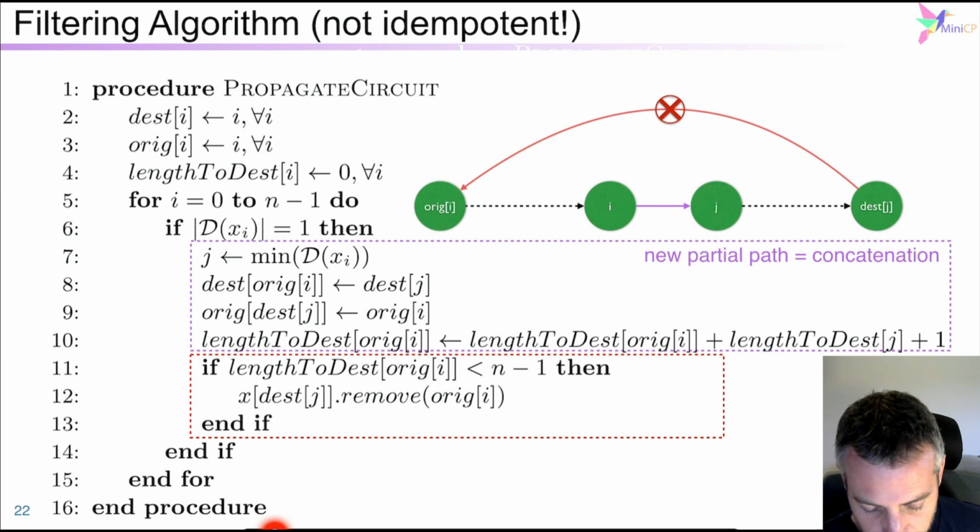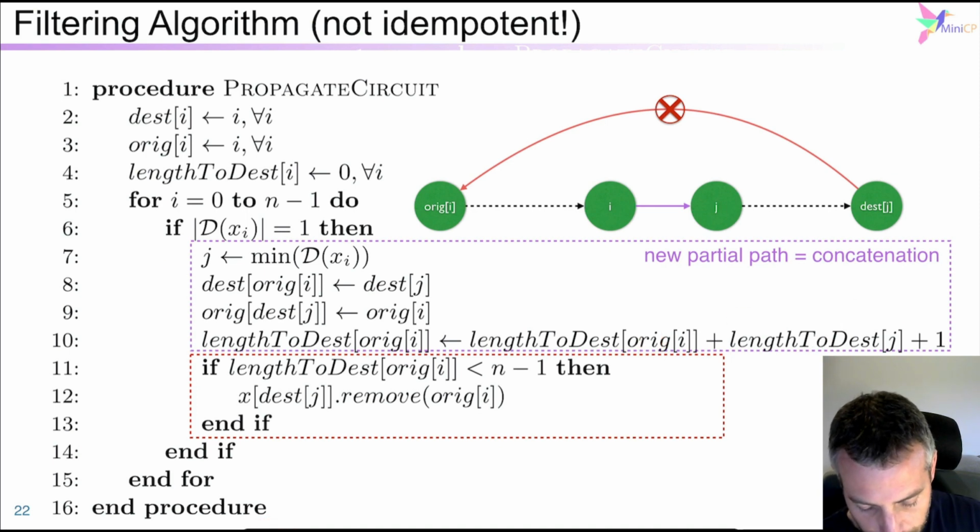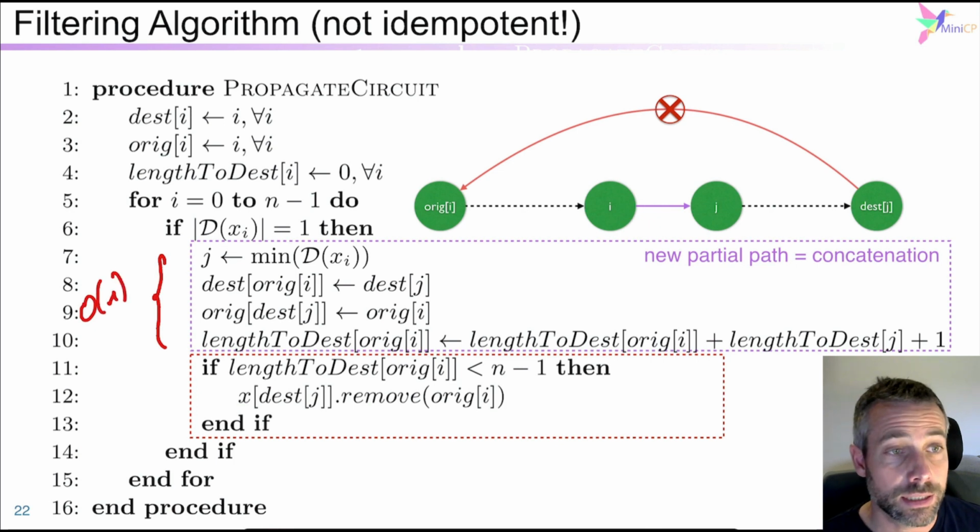Then we can update the destination of the origin of i. The destination of this node now will become the destination of j, and the origin of that one will become the origin of i. And in terms of length to the destination, we say that it was this length plus 1. This is exactly what we are computing there. And you see that these updates can be performed in constant time for every edge that is detected as newly fixed.